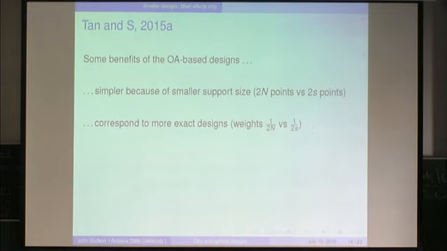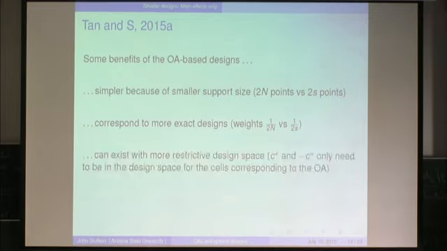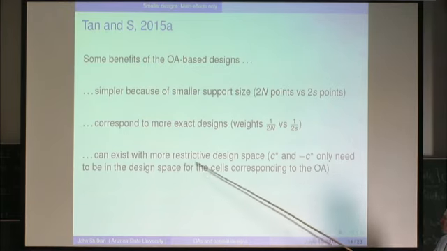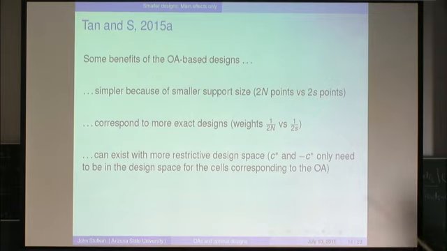So, they're the more exact designs that you can obtain that would be optimal. And they can exist with more restrictive design spaces, because the restriction on design space is now only needed for those cells that are actually identified by the orthogonal arrays as the cells that you should be using. The other cells you don't have to worry about what the design space is, because you're not going to use any points in there.